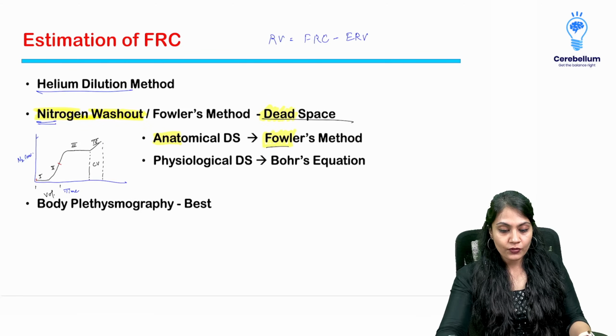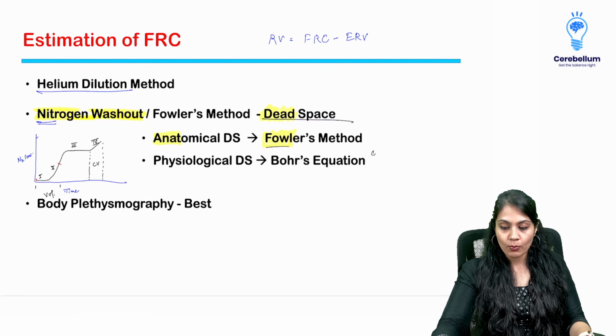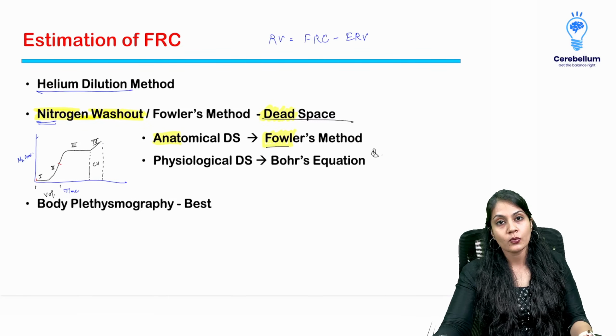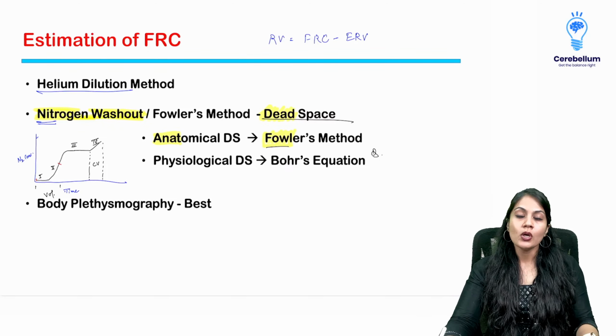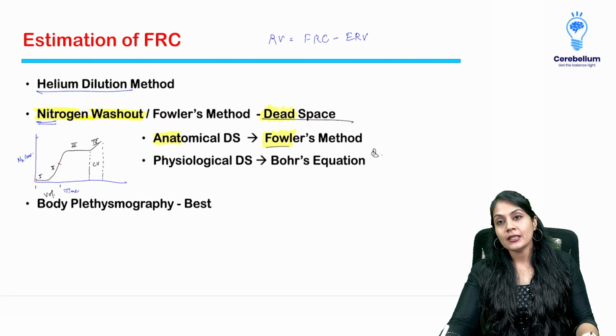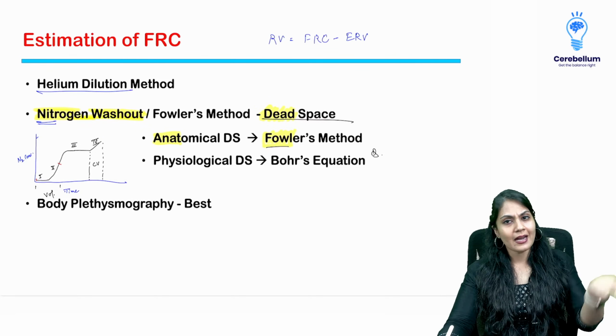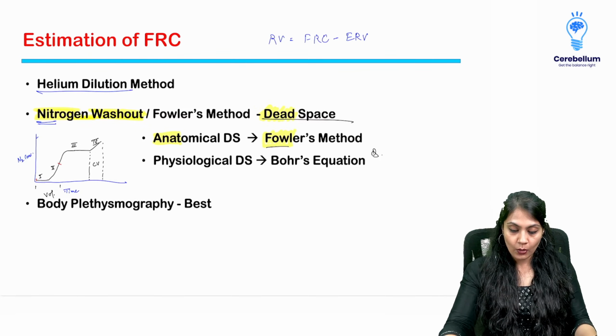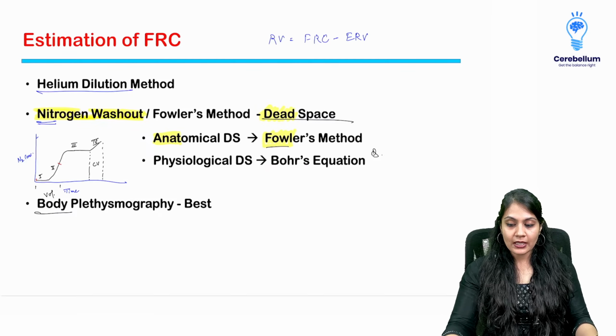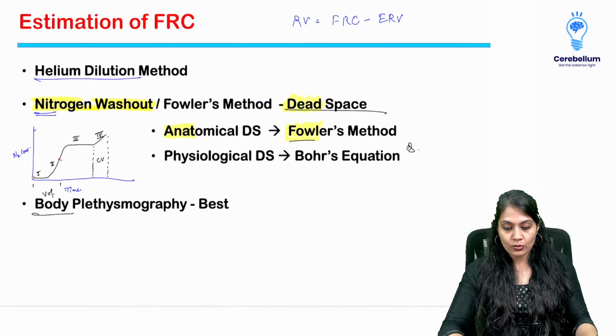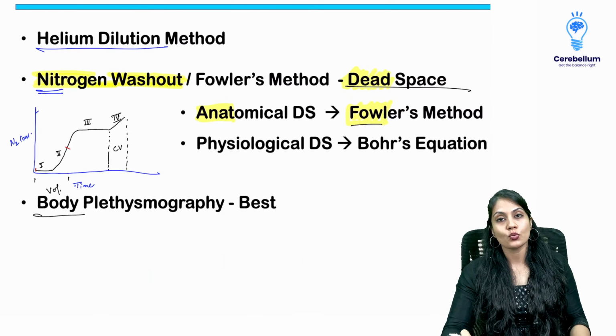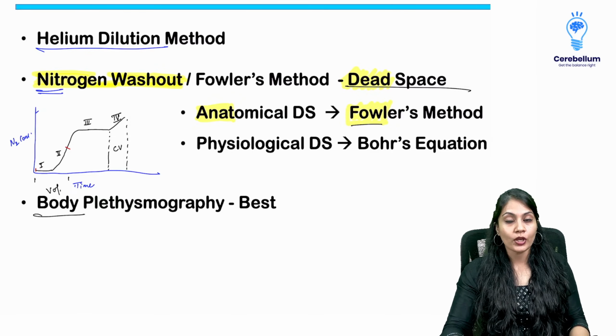Just remember the name for the physiological dead space. That is going to be your Bohr's equation. Bohr's equation is equal to TV into (PaCO2 minus PeCO2) upon PaCO2. We'll see that at some other time. All right, not now. And we'll ask the subject to sit in the box, and we are going to measure his FRC, that is known as body plethysmography.